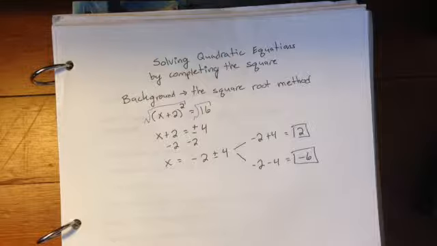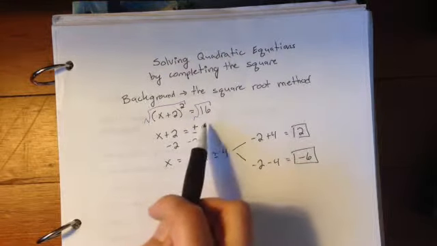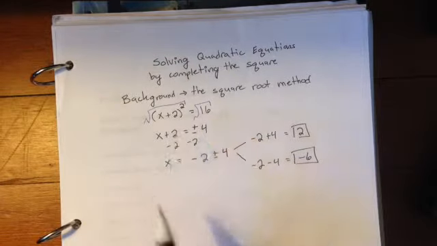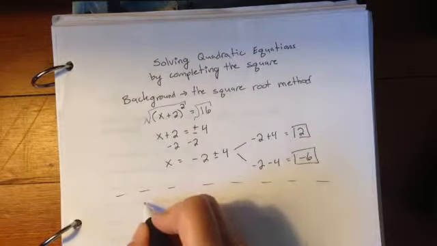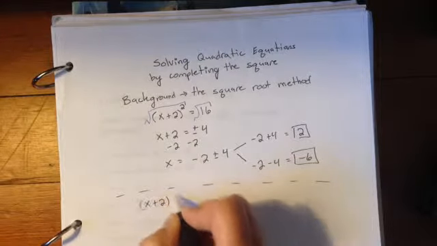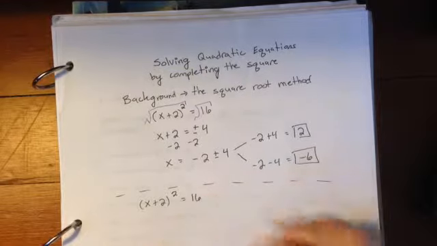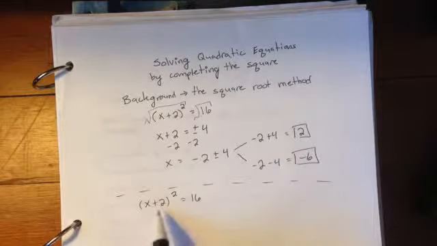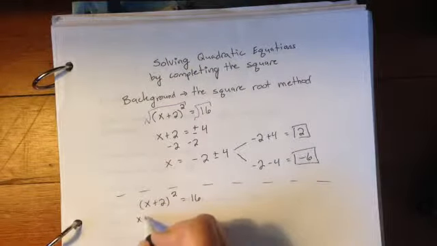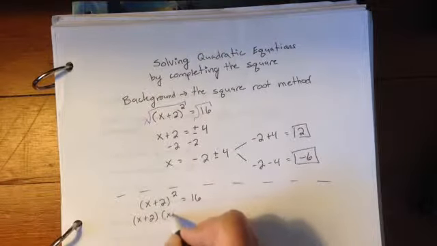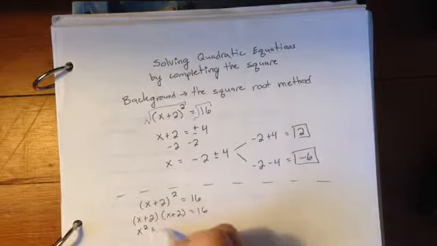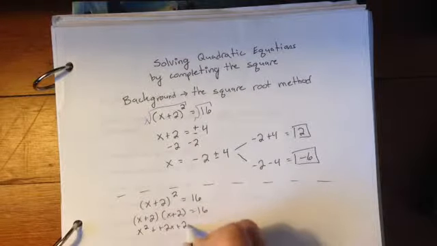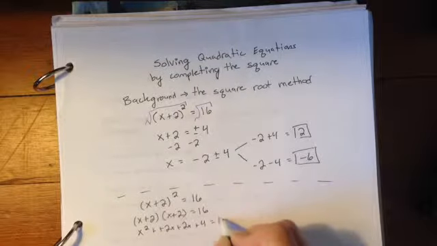Now the goal of completing the square is to take something that doesn't quite look like this yet and turn it into a perfect square. If we take a look at this (x + 2)² = 16, notice that we could FOIL out (x + 2)², and we would get x² + 2x + 2x + 4.